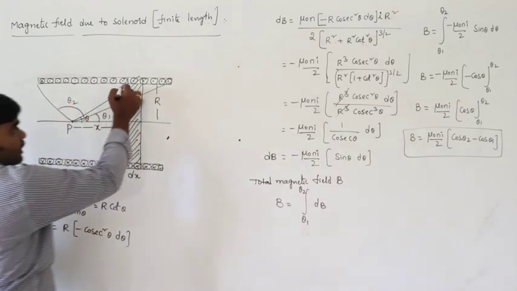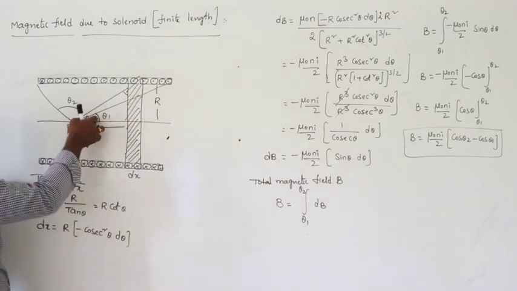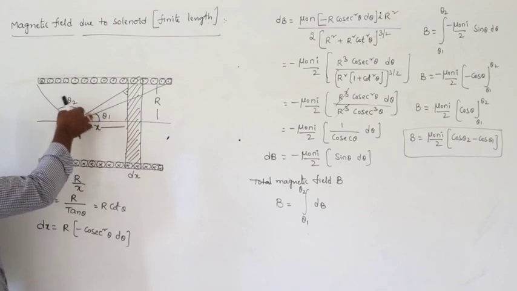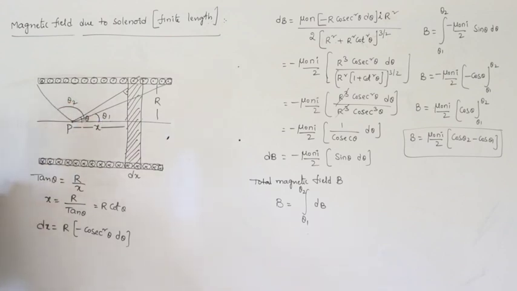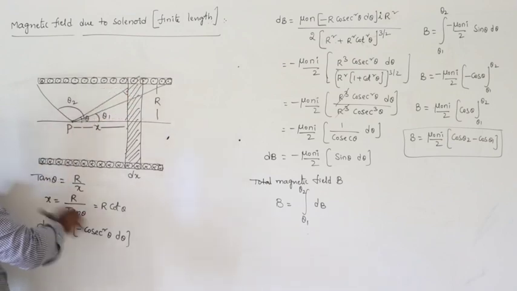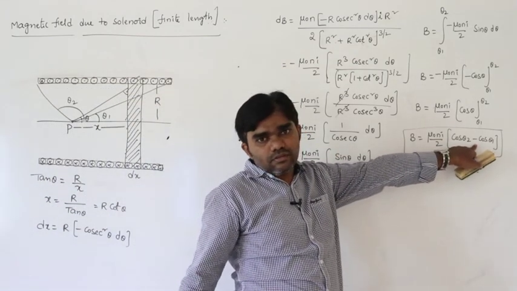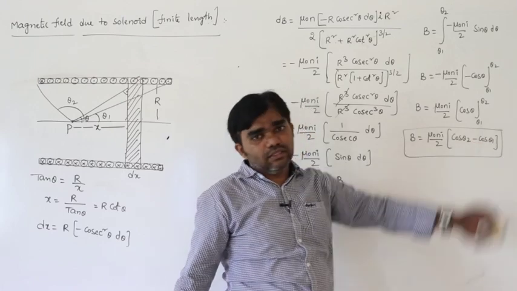Here we are considering the angles with the horizontal, theta 1 and theta 2 are the angles with the horizontal. For example, if the angle with the vertical is mentioned, then we can write sin theta 1 plus sin theta 2.